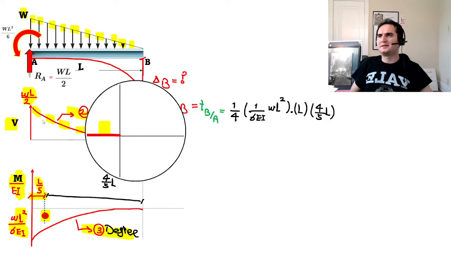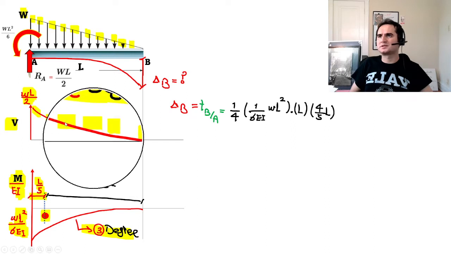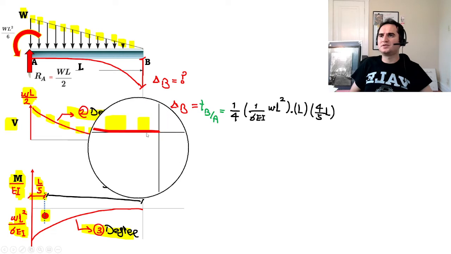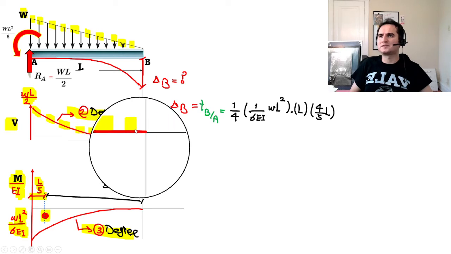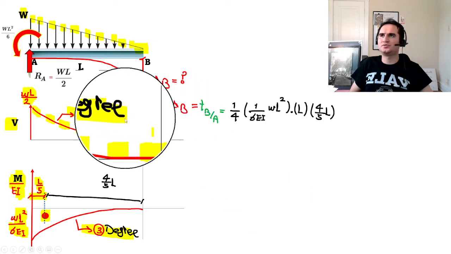Here, this is the highest slope, and it becomes smaller and smaller until it reaches a slope of 0, because the load is 0. Then the slope of moment changes to 0. That's the pattern which you need to draw.